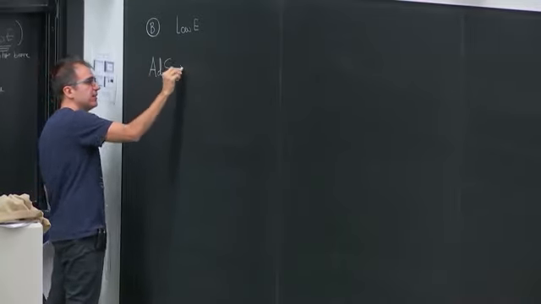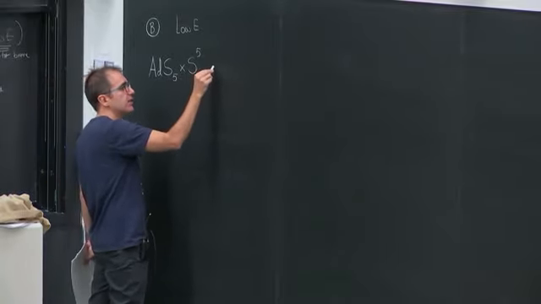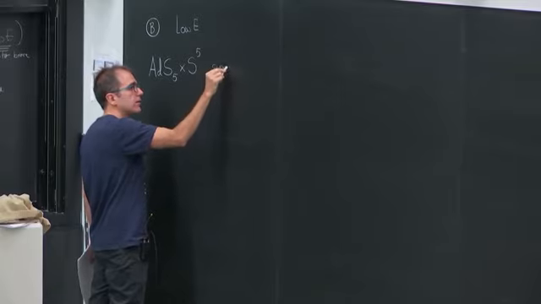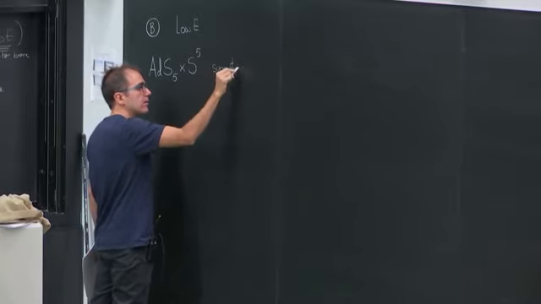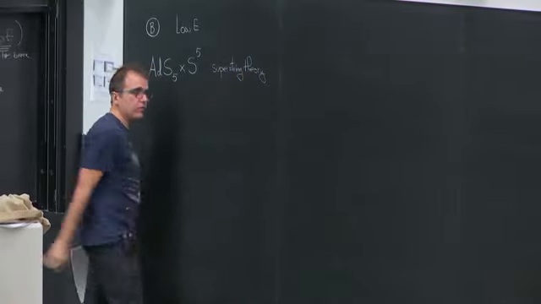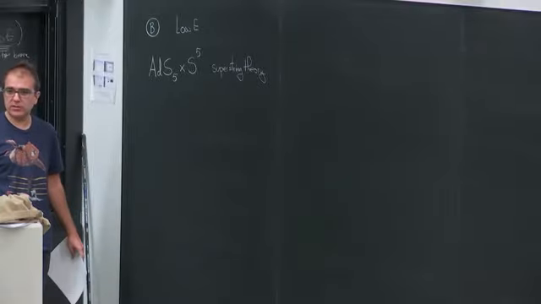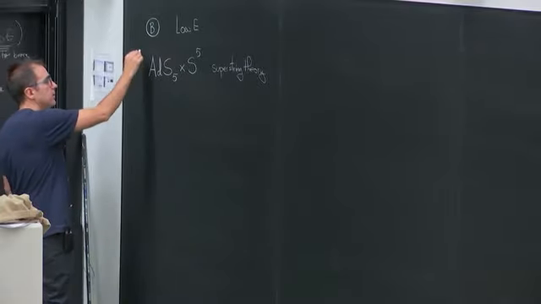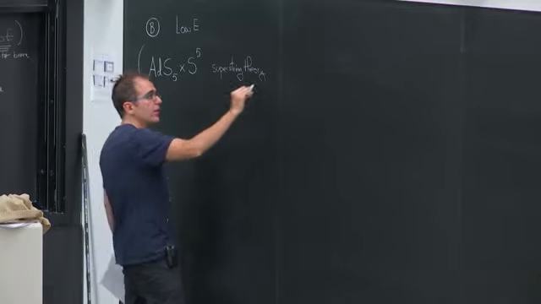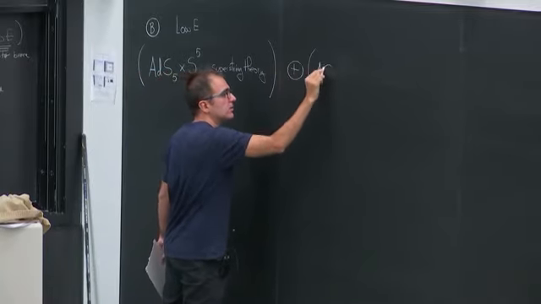So I have ADS5 times S5, everything, not just the lowest modes, not just gravity, but everything. So ADS5 times S5 superstring theory. The full theory with all possible massive strings, everything, black holes, everything you want in ADS5 times S5. Or, that's one option, or I have 10-dimensional supergravity.